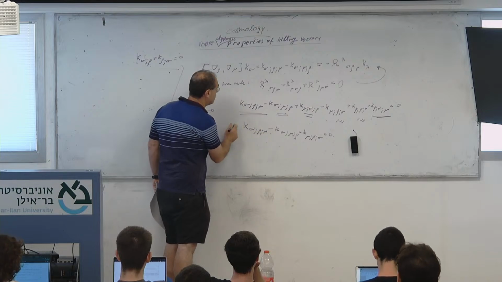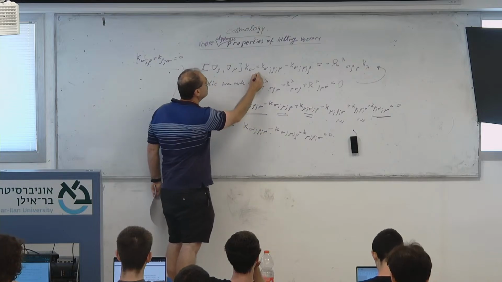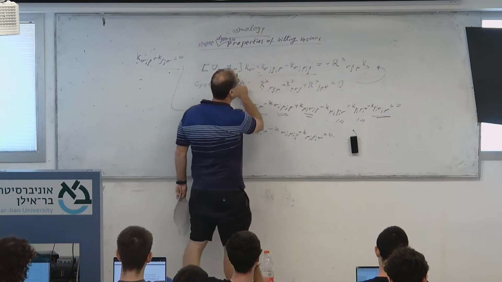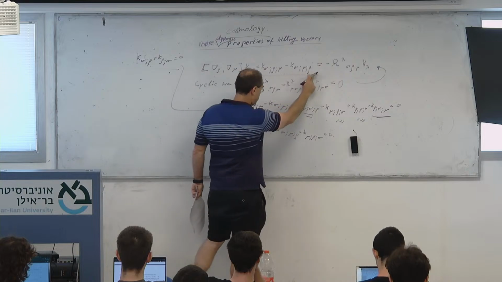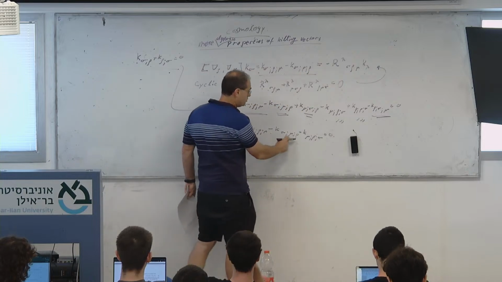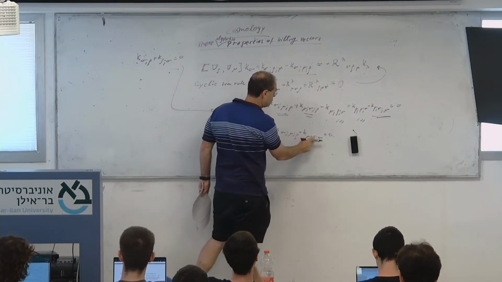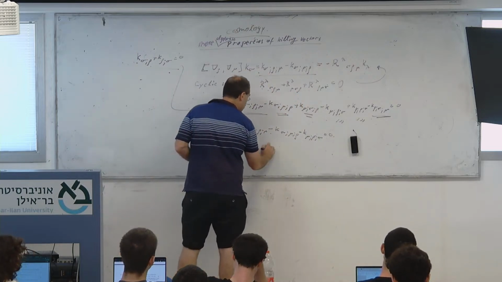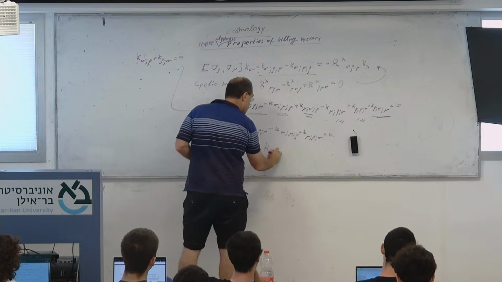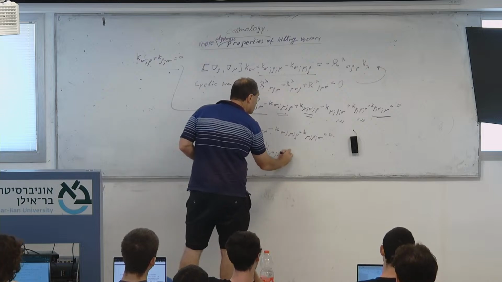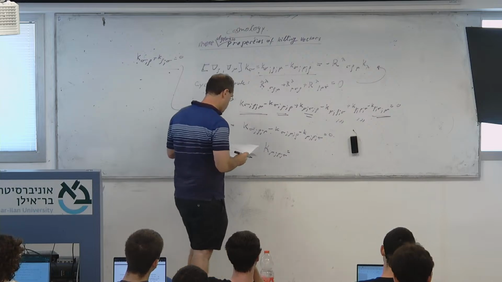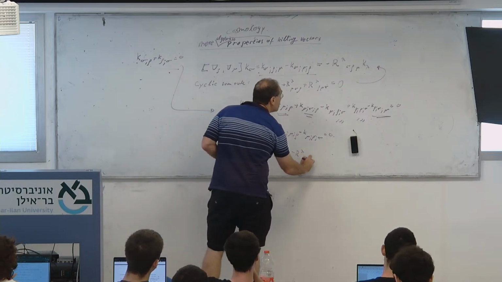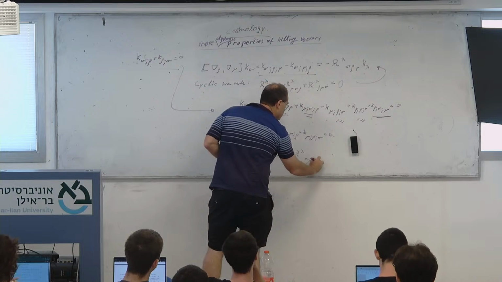Now I use that again here, because I have this commutator, K sigma rho mu minus K sigma mu rho, which is just K mu rho sigma. So I have that K mu rho sigma is equal to minus R lambda sigma rho mu K lambda.